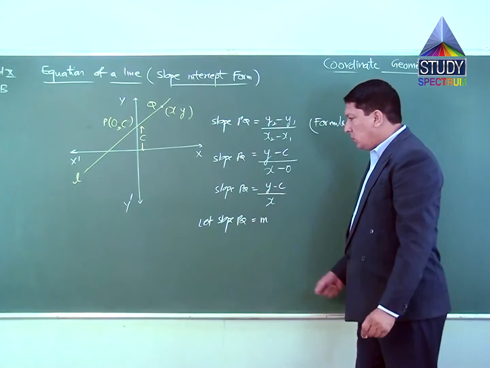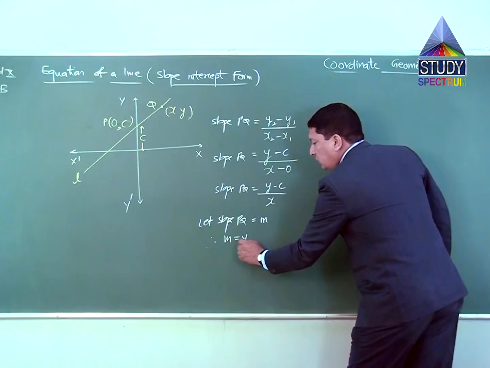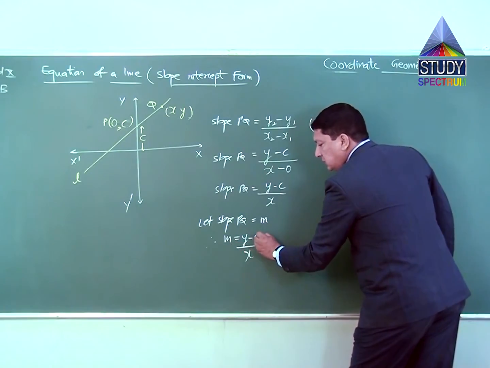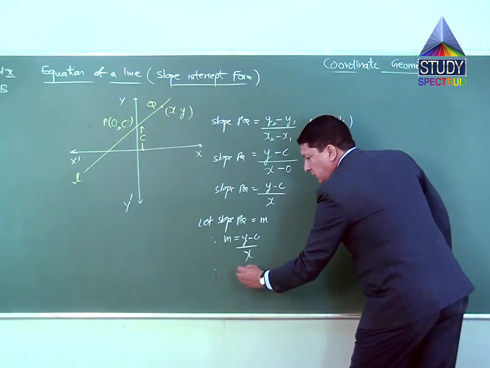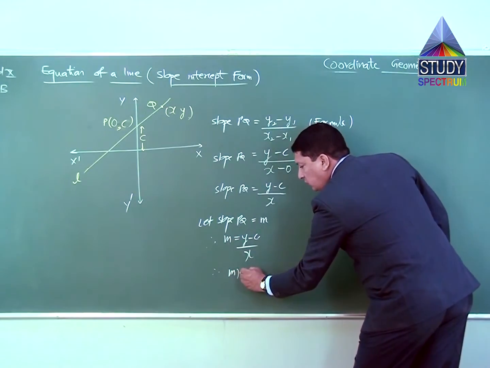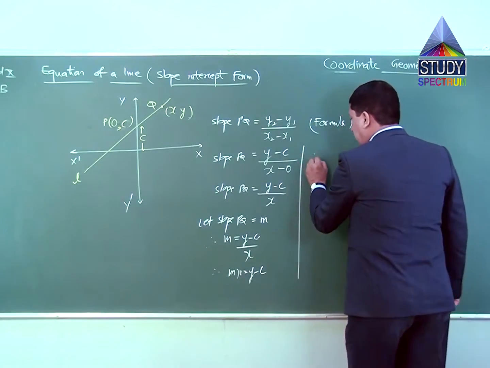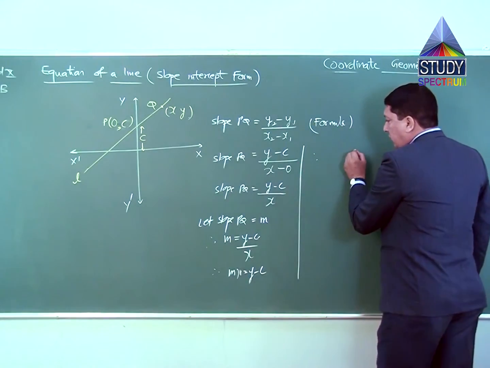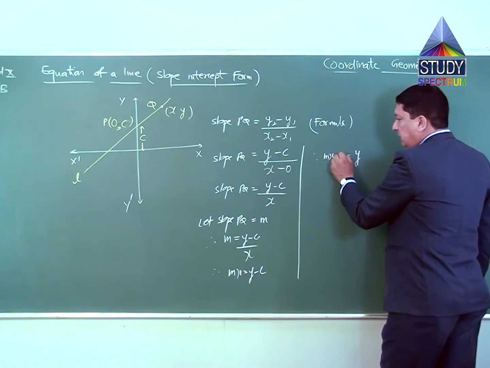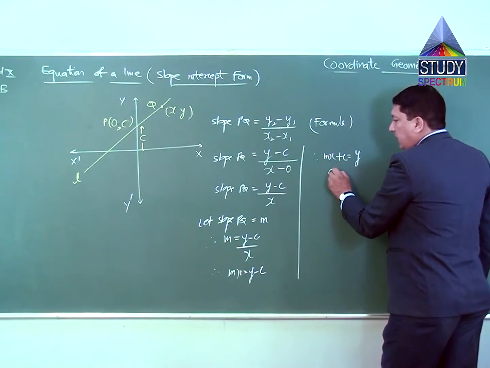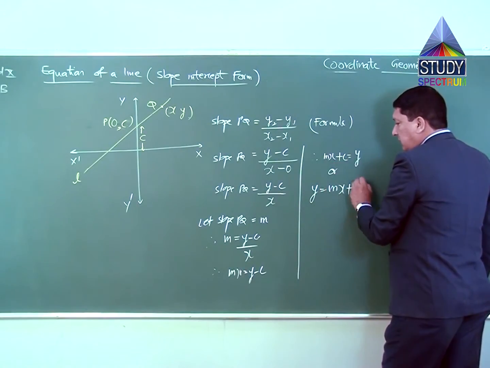Let slope PQ is equal to m. Therefore, m is equal to y minus c upon x. Now we can cross multiply. Therefore, mx is equal to y minus c. Therefore, y becomes mx plus c, or I can write this as y is equal to mx plus c.